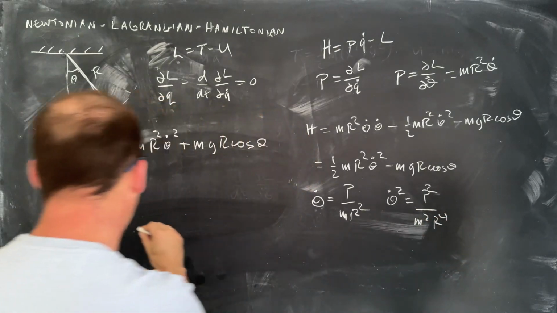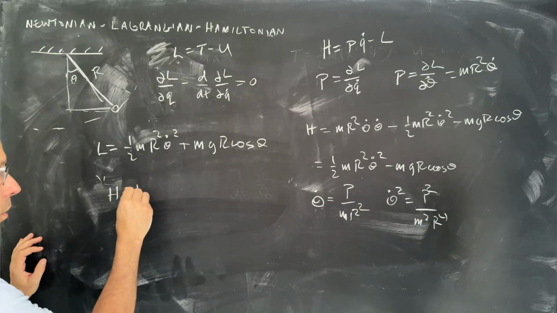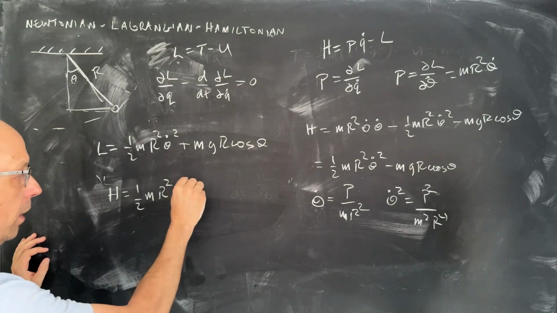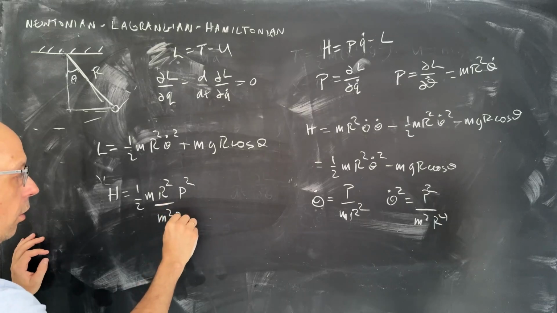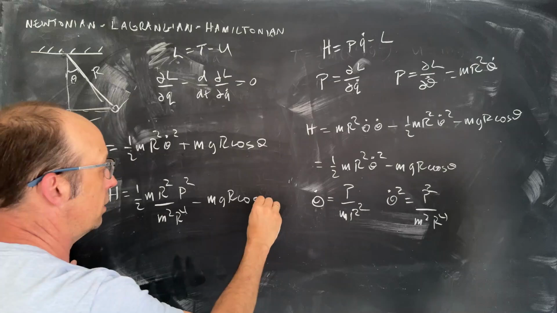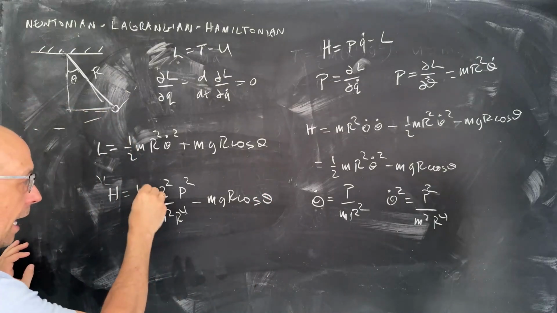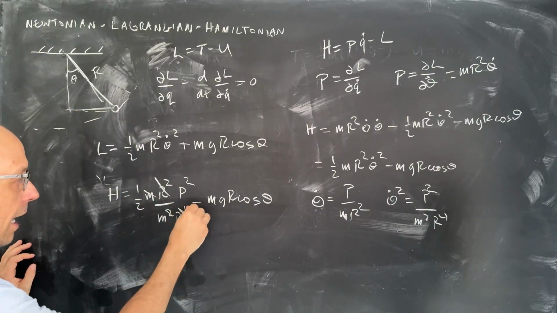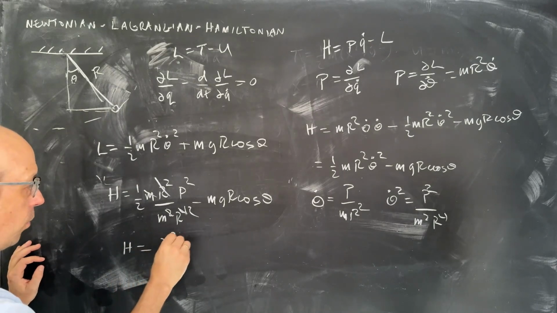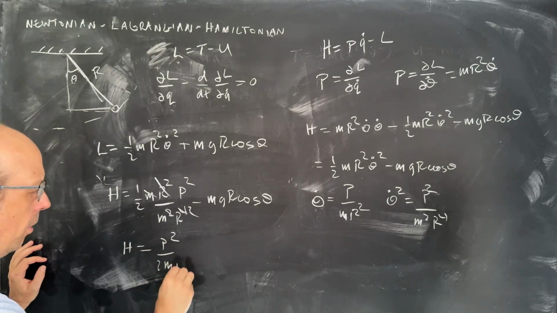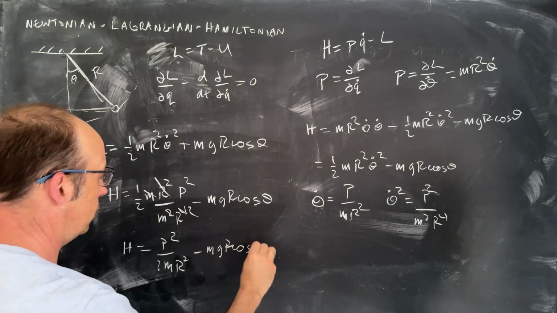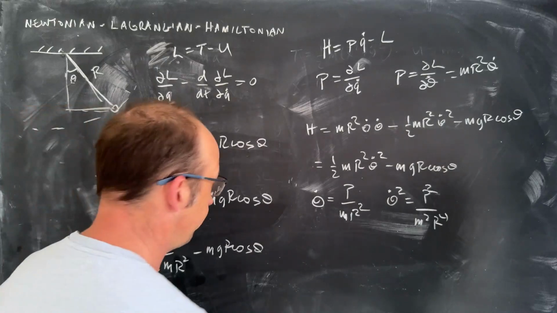When I substitute that in, I get h is 1/2 m r squared times p squared over m squared r to the 4th, minus m g r cosine theta. Here that cancels with one of those, and so I get h is p squared over 2 m r squared minus m g r cosine theta. So that's my Hamiltonian right there.